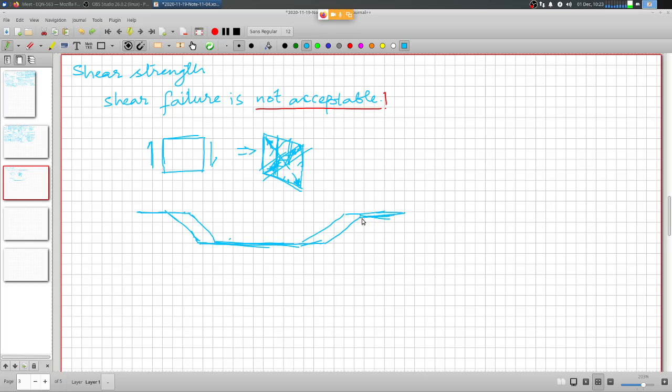And of course, by taking this reinforcement to the upper face, they also take care of the tension at the top end when they terminate at the support.